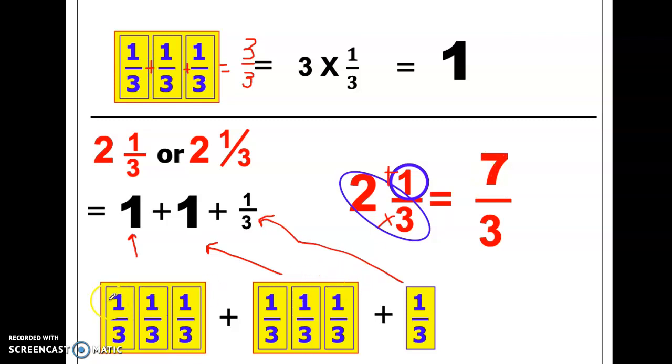And if we were to count the bottom thirds over here, it'd be 1, 2, 3, 4, 5, 6, 7. So we would basically get the same answer.